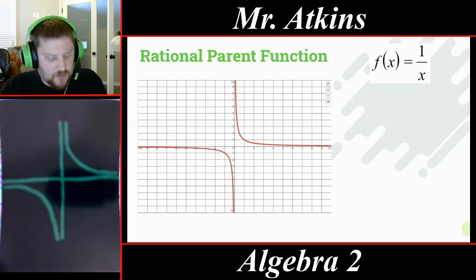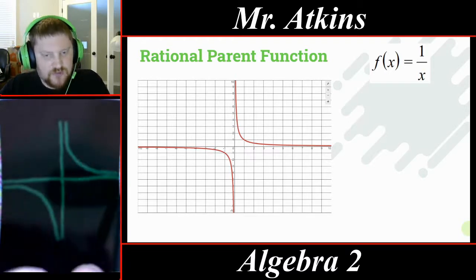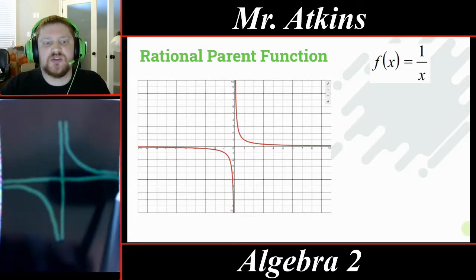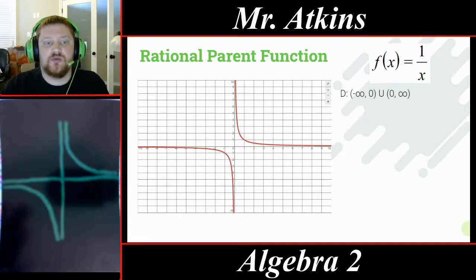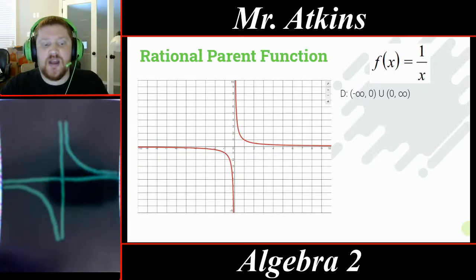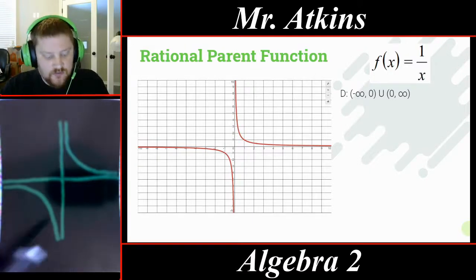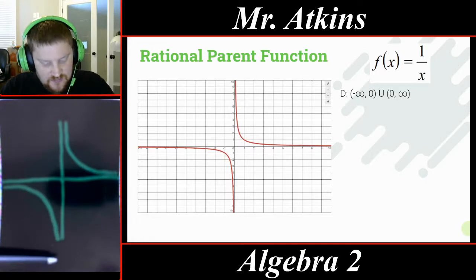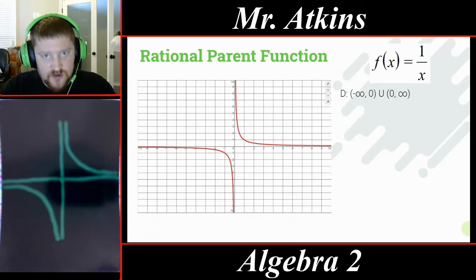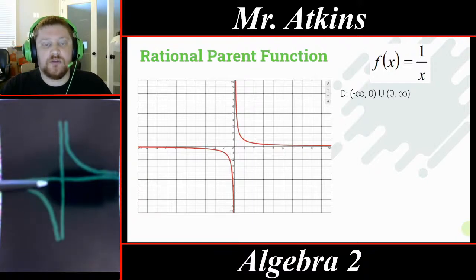So because of that, we've got negative infinity to 0 and 0 to infinity for our domain. So it's the combination of those two. Remember, we're not including 0, so we have open parentheses. For our range, starting at negative infinity, and it does go up to infinity, but we have that same hole at 0 in the middle. So our range looks the exact same as our domain.